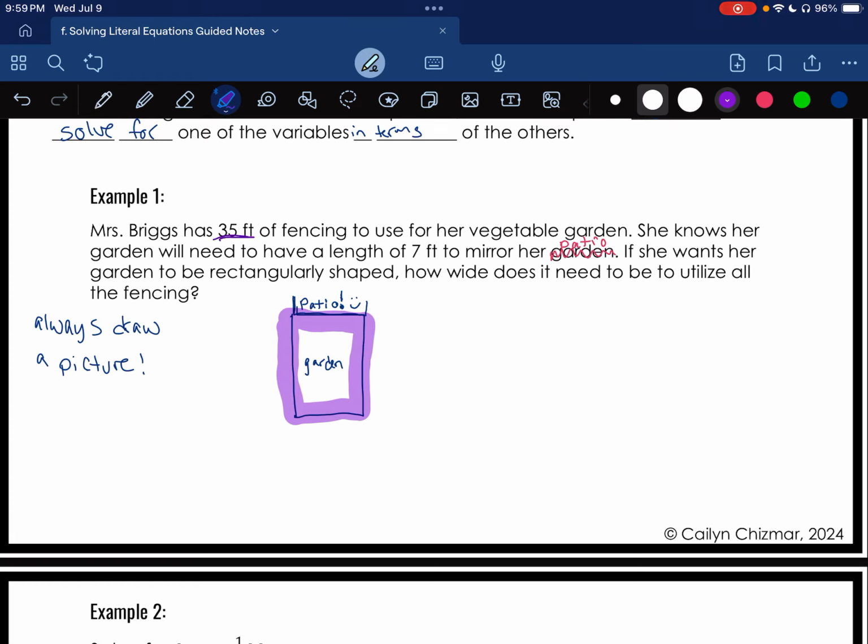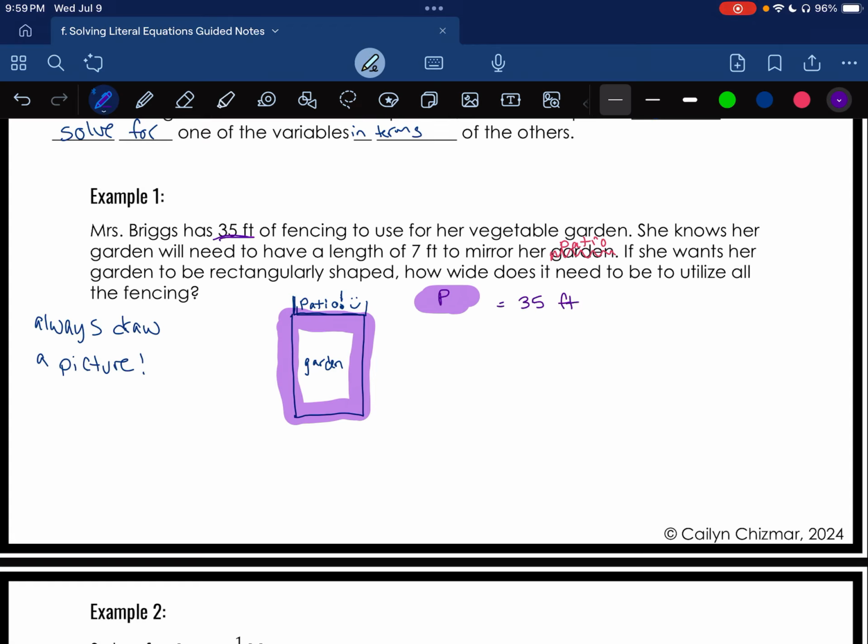It needs to use 35 feet, because she has 35. This is the perimeter, and it's equal to 35 feet.